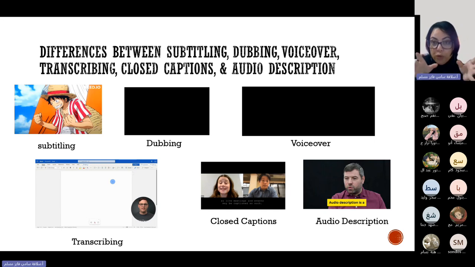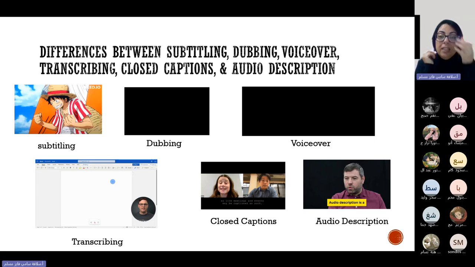When you put an audio in Microsoft Word, it will convert it to text. I always say AI tools are useful, but they lack the human touch.